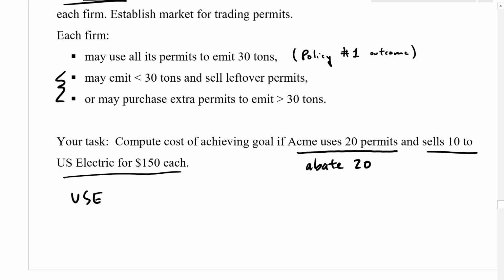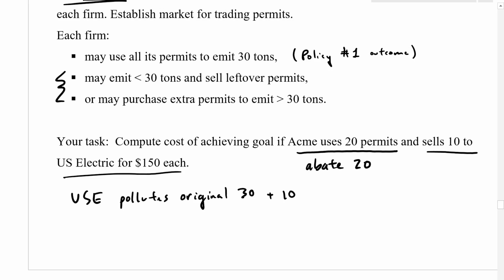US Electric pollutes the original 30 plus 10 more from the permits they bought from Acme, for a total of 40. And so they're going to use 40 permits, Acme will use 20 permits, and we're still going to end up with the policy goal of 60 units of pollution.